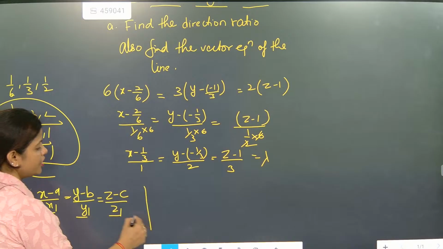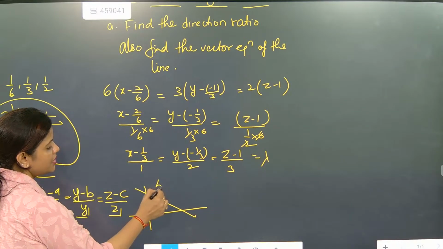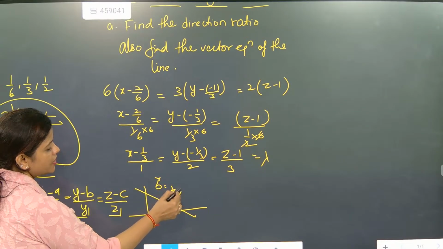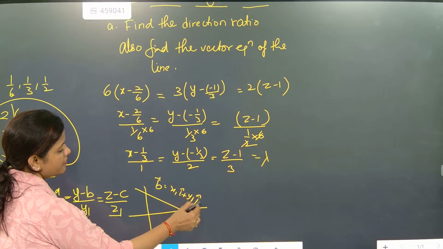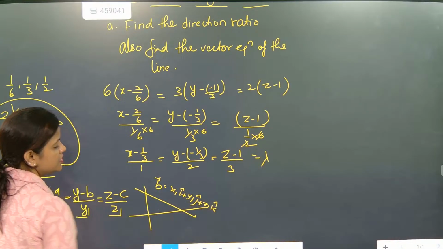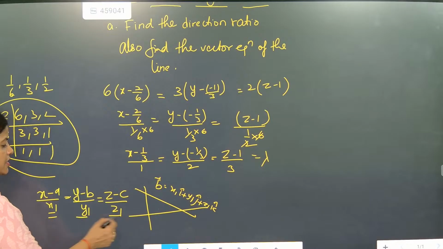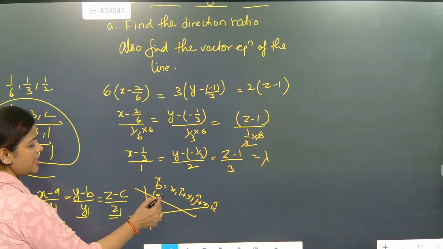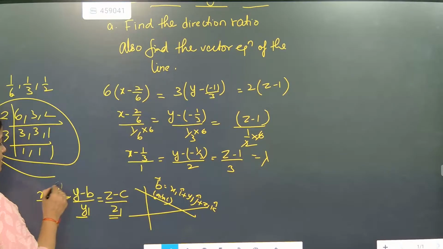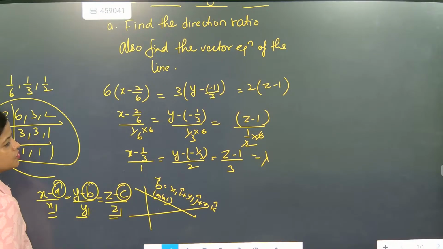So if we are writing, the b vector will become x1 i cap plus y1 j cap plus z1 k cap. This is the b vector and it is exactly coming from this. And the fixed point will be a, b and c, coming from here. Just circle this one.